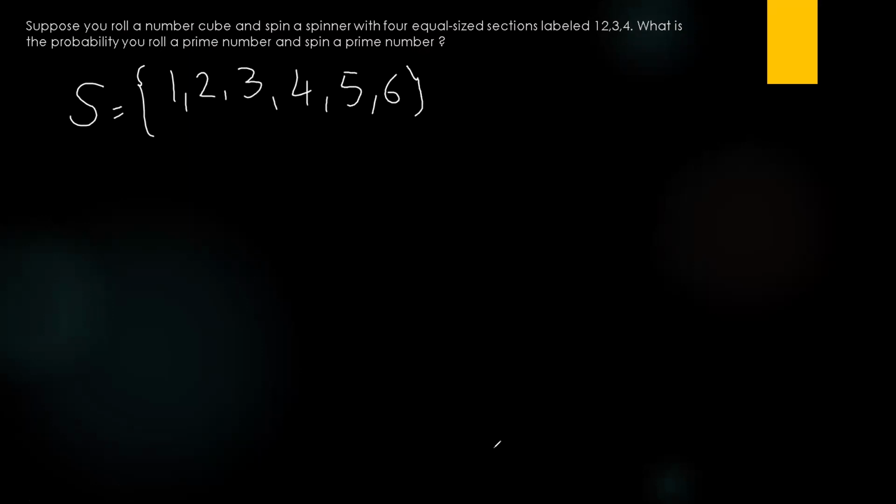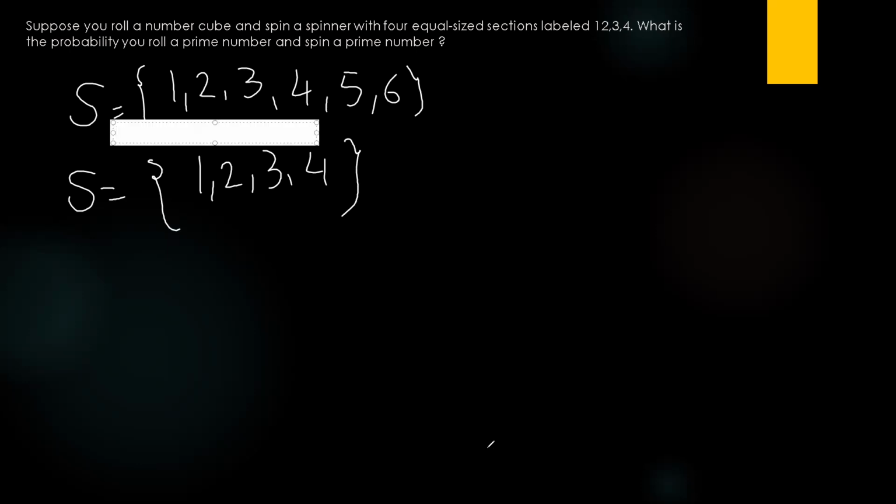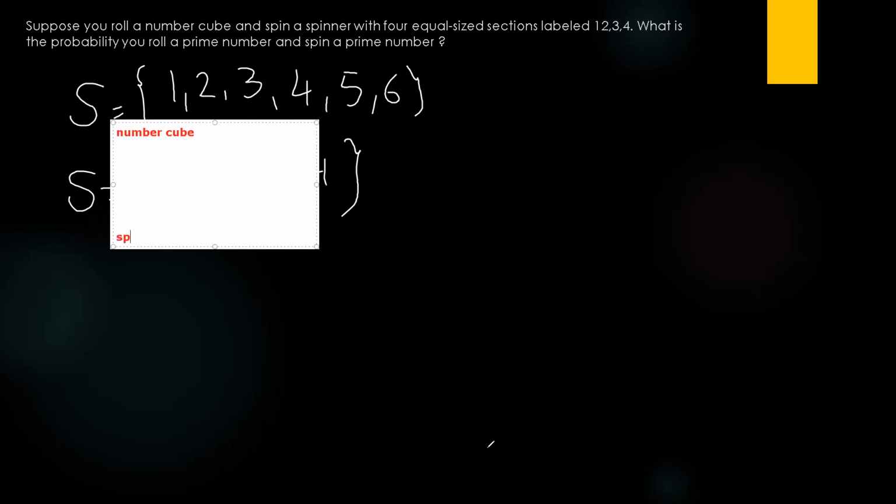And for the spinner, with 4 equal sized sections labeled with 1, 2, 3, and 4. The first case is for the number cube, and the second one for the spinner.